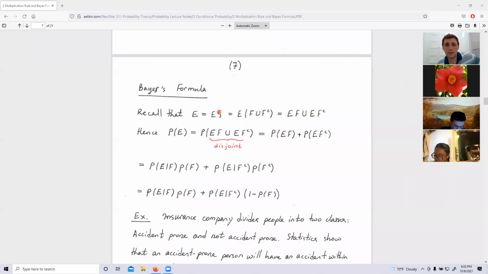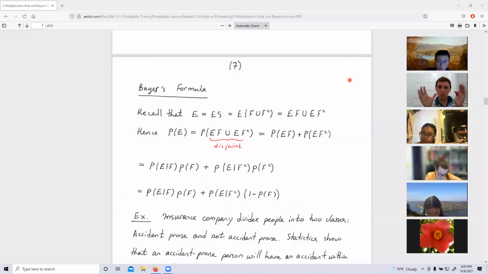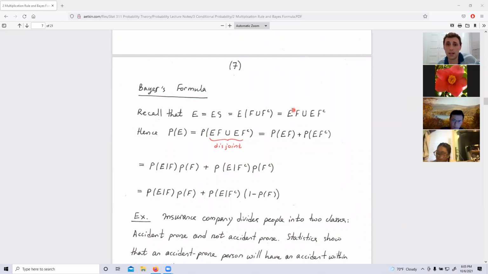Good, that's obvious, right? S can always be written as a disjoint union of things that satisfy property F and things that do not satisfy property F. So E can then be broken into E and F, or E and not F, and those are disjoint.